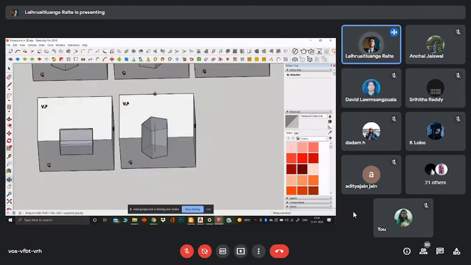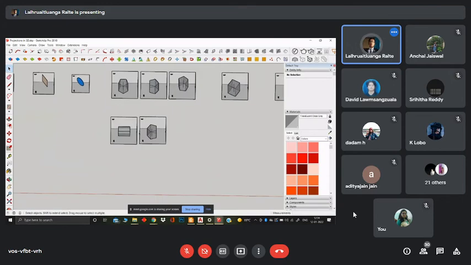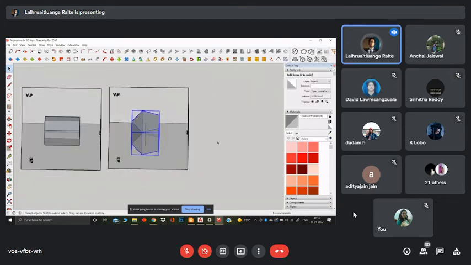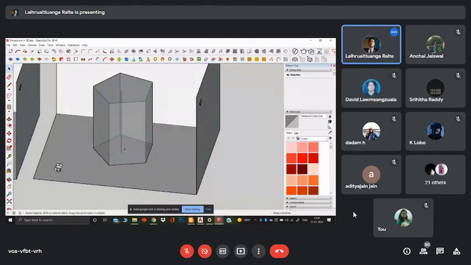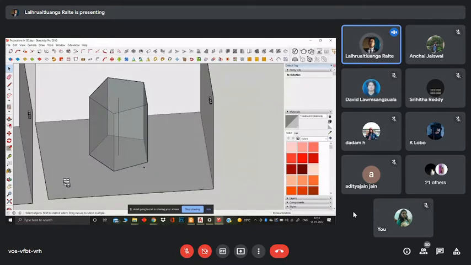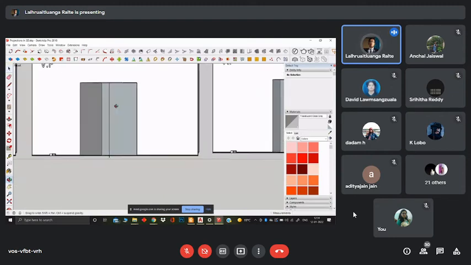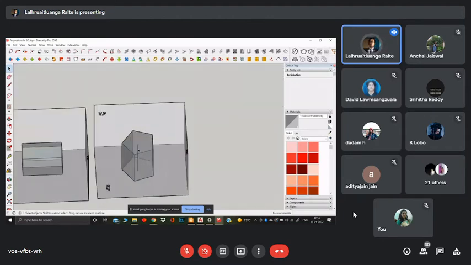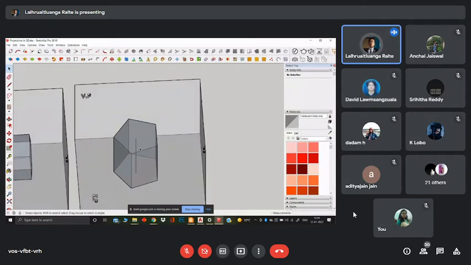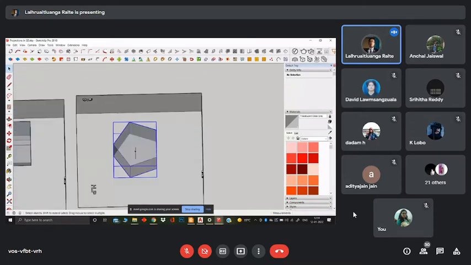Anyway, this axis is supposed to make 45 degrees to the horizontal plane, while at the same time one of the edges of the base must remain intact on the horizontal plane. It is resting on the horizontal plane, right? This is the front view, and in order for me to rotate this and make 45 degrees while still being parallel to the VP, I will rotate this whole thing.